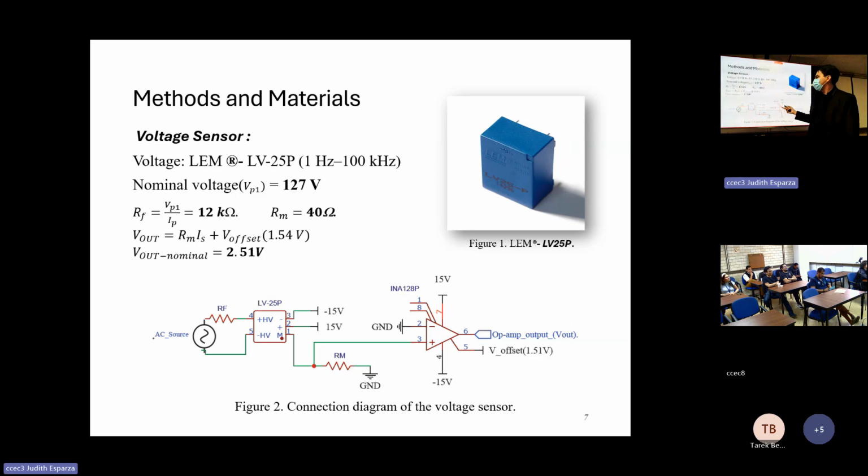It needs 10 milliamperes, because this is a transducer: through magnetic fields it produces a current, and finally a voltage for the ESP32.